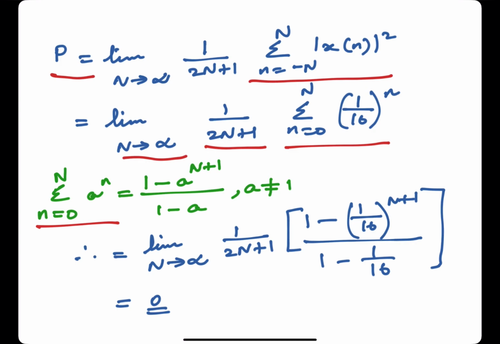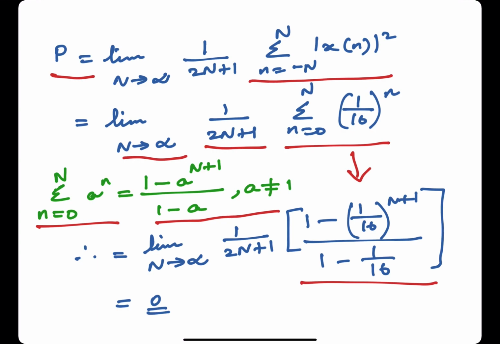That is summation n is equivalent to 0 to capital N a power n is equivalent to 1 minus a power capital N plus 1 divided by 1 minus a, provided a is not equivalent to 1. So using this equation we write this summation n is equivalent to 0 to N 1 by 16 power n as 1 minus 1 by 16 power n plus 1 divided by 1 minus 1 by 16.